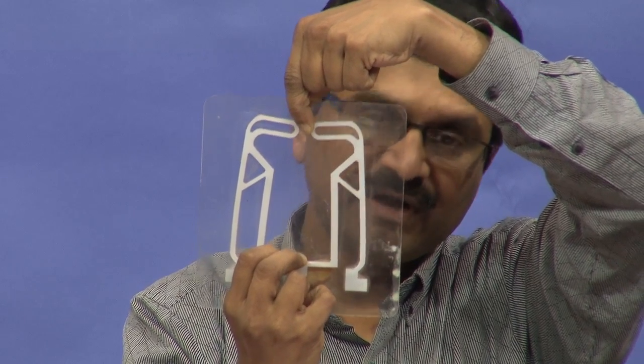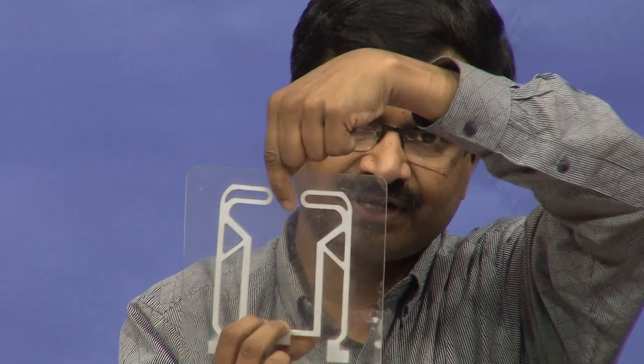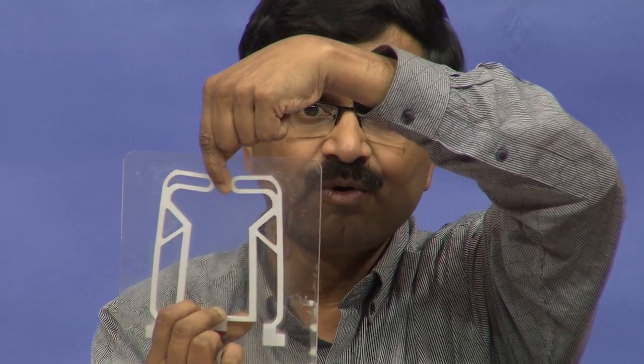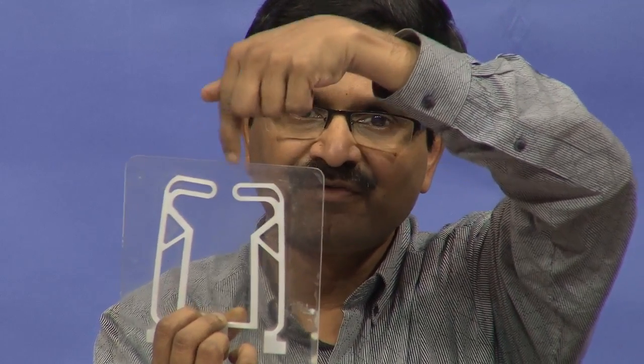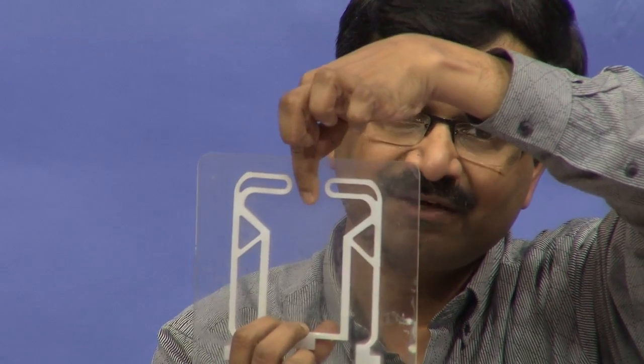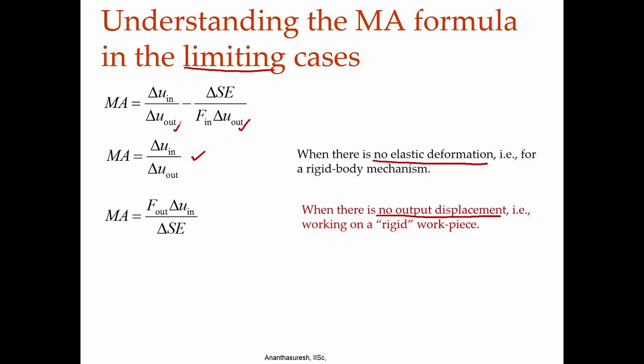Now, if I look at this configuration, just after I touch, there is no more output displacement if my finger is to be rigid. That is, if it is a very stiff object, there is no more output displacement. If there is no output displacement, we have a little problem here in the formula, because we have output displacement in the denominator.